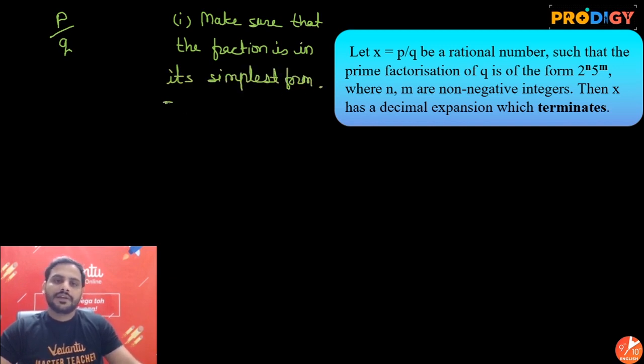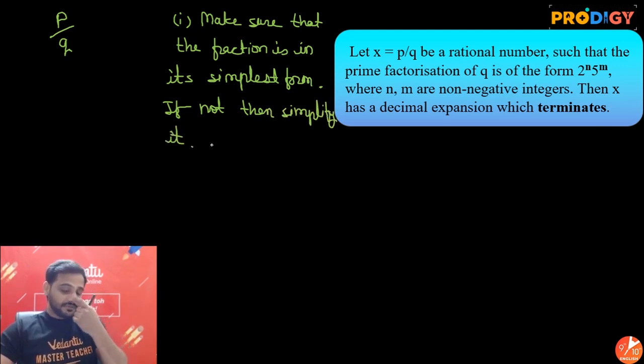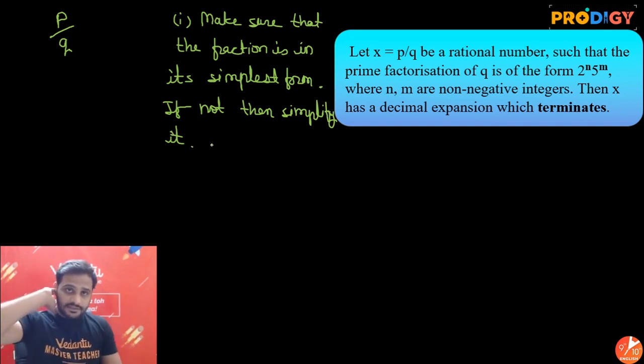If not, then simplify it. ठीक है, simplify करो. Always remember beta, this is the mistake many students make. P by Q, whatever we are having, must be in the simplest form.